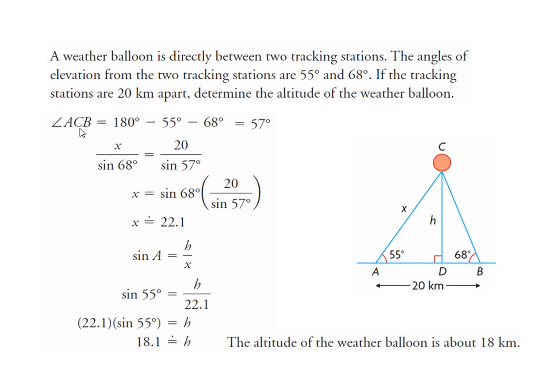So angle ACB is equal to 180 minus 55 minus 68. So the result is 57, so this angle is equal to 57 degrees. So now we have already known all three angles of this big triangle. And we also know a side.